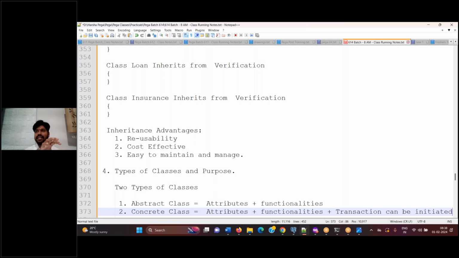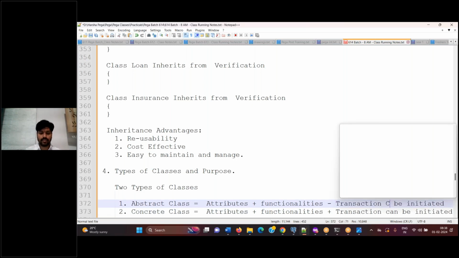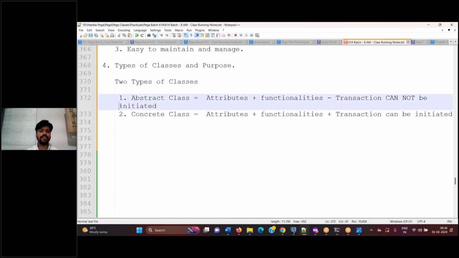When they designed the concrete class, they gave it the ability of transaction initiation. Understand? Okay. Next one, in an abstract class, a transaction cannot be initiated. Everyone clear?